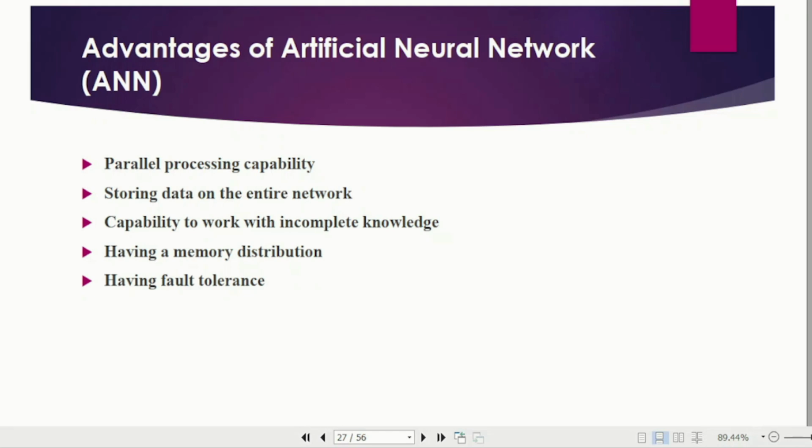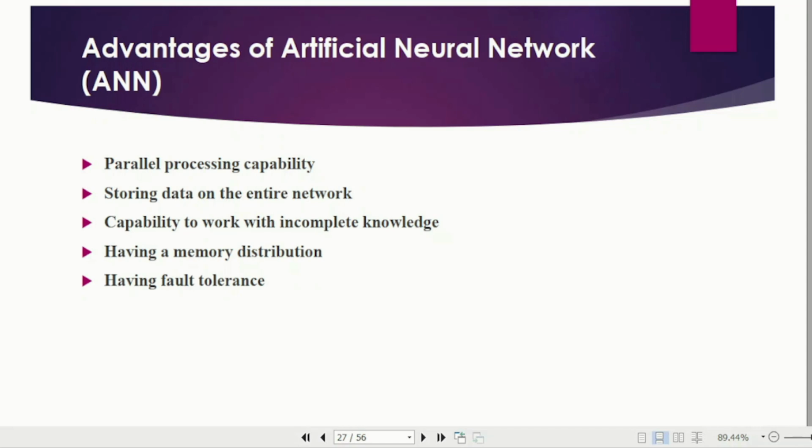Data that is used in traditional programming is stored on the whole network, not on a database. So the disappearance of a couple of pieces of data in one place doesn't prevent the network from working.